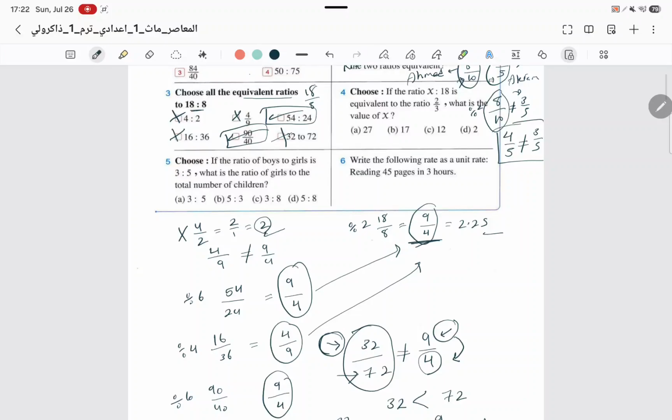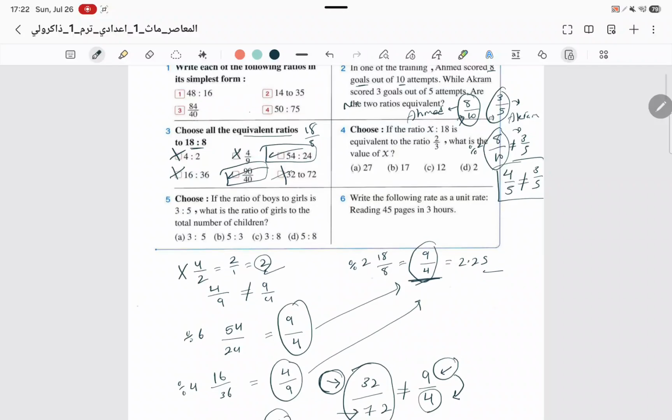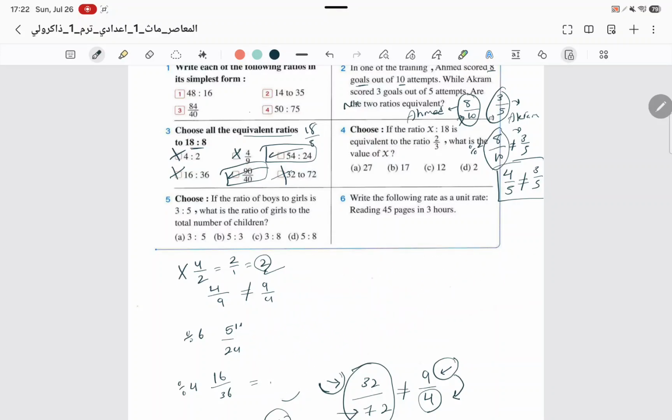Okay, the fourth example here, it says choose: if the ratio x over 18 is equivalent, meaning equal, to 2 over 3, what is the value of x?